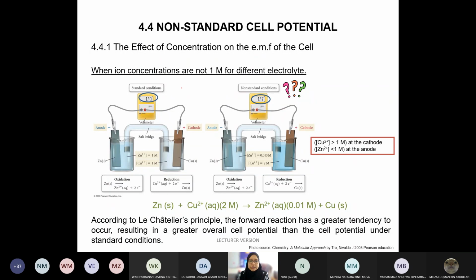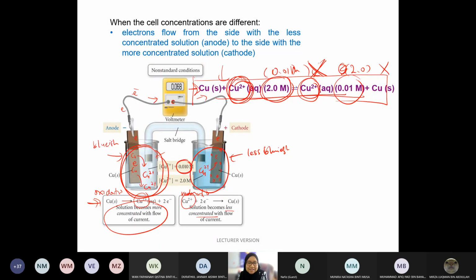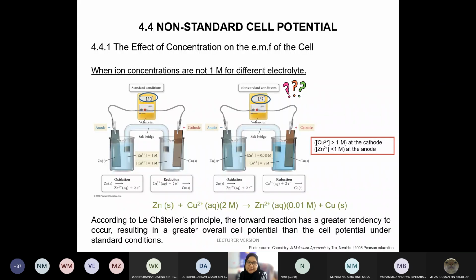Okay, when ion concentration are not 1 molar for different electrolyte. Okay, so what about if we vary the electrode and also the concentration? Okay, this one case dia electrode dia sama, solution dia sama, tapi concentration berbeza. How about this one? Yang normal one, the previous one for galvanic cell.